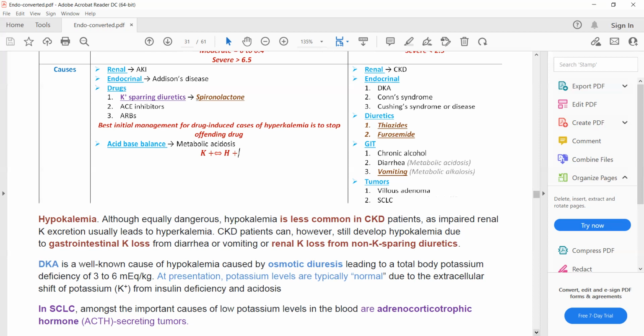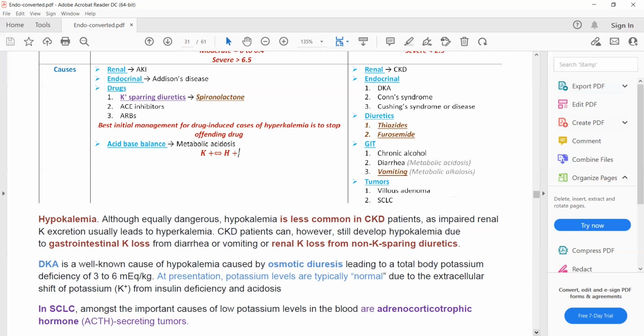So endocrine causes of hypokalemia include causes that are related to aldosterone, such as Conn syndrome and Cushing syndrome. And the third one is diabetic ketoacidosis. Now, there were drugs that were blocking aldosterone, which will lead to hyperkalemia.